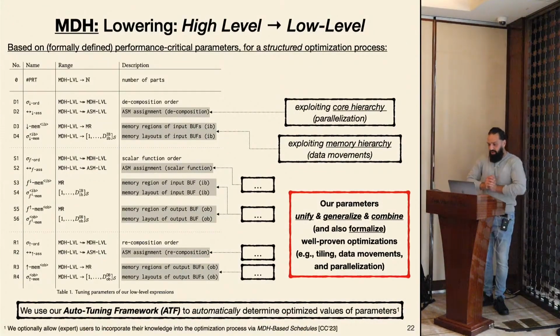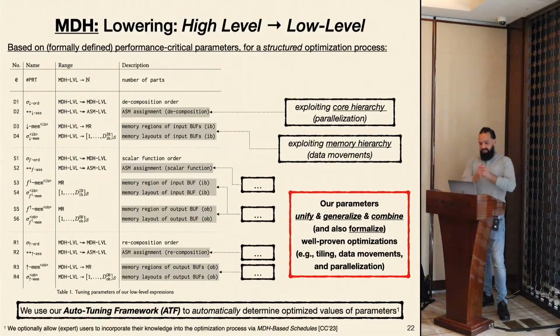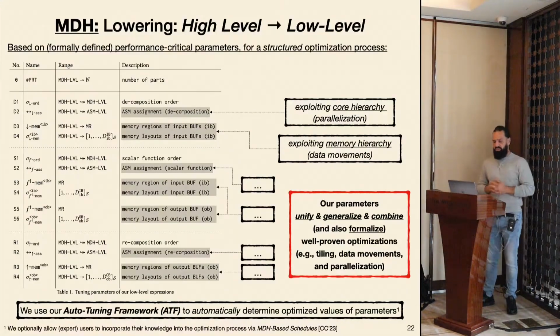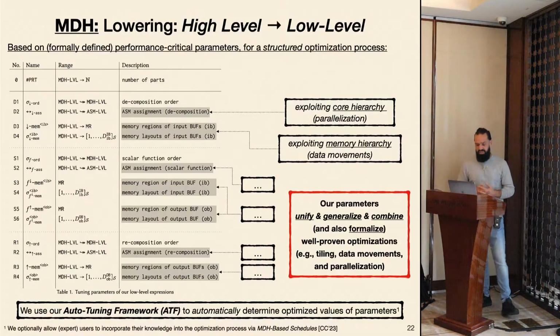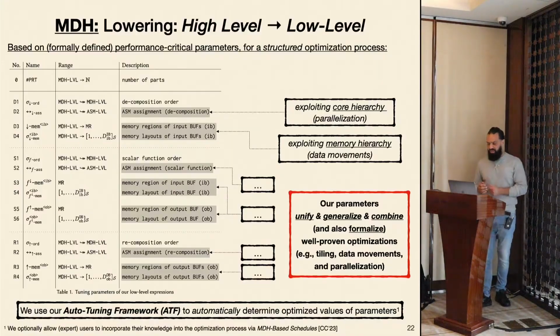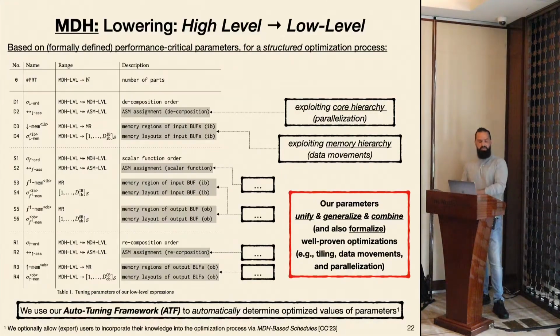Now regarding our lowering process from a high-level instance to a low-level instance, this is based on formally defined performance-critical parameters. Our parameters don't aim to introduce some new fancy optimization, but to unify, generalize, combine, and formalize well-proven optimizations, particularly regarding tiling, data movement, and parallelization.